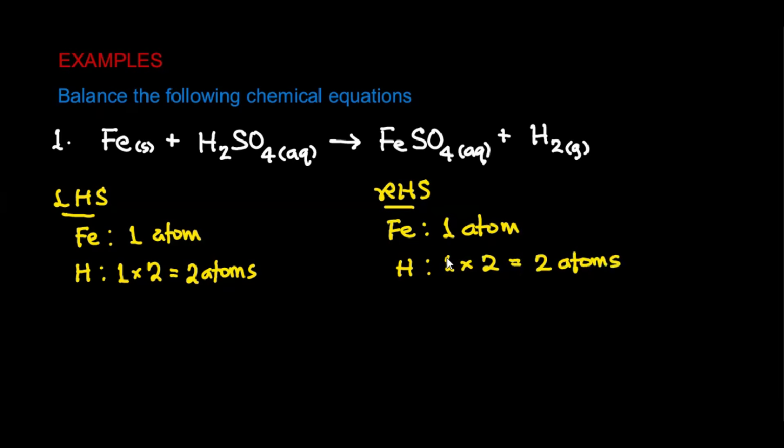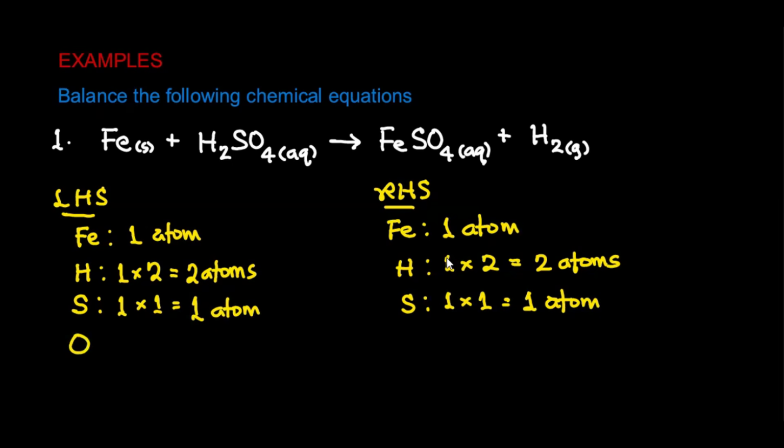So hydrogen seems to be balanced, iron seems to be balanced. Then sulfur. Sulfur is 1 times 1, that is 1 atom. Sulfur on the right-hand side is also 1 times 1, that's 1 atom. Then lastly, oxygen.